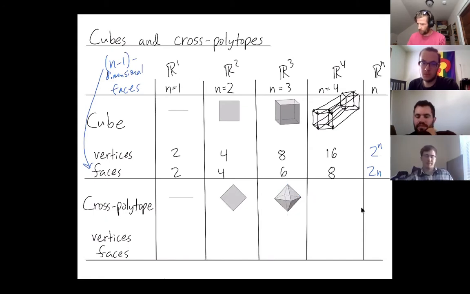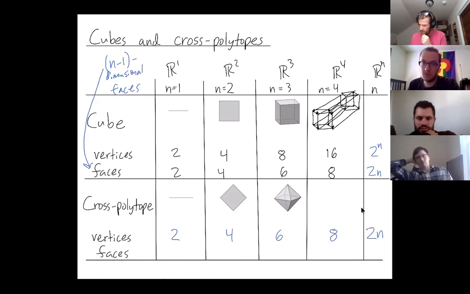So let's count the number of vertices and faces. You should already know the number of vertices. It's 2n, because I defined it in ND. I have n standard basis vectors. Along with their negatives, I have 2n vertices. And then when I take the convex hull, they all turn out to be vertices. So the number of vertices is 2, 4, 6, 8, all the way up to 2n.